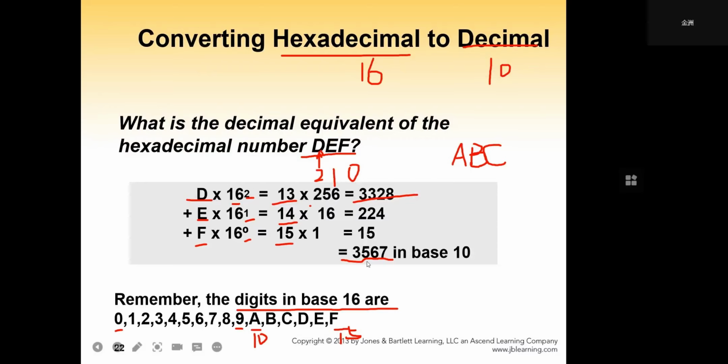So we do the calculation, and it should be 3,568. Remember the digits in base 16 are from 0 to 9 and A to F to represent 10 to 15.